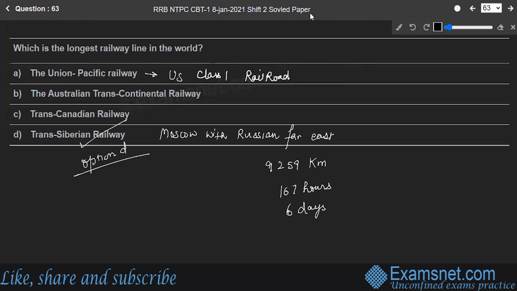Australian Transcontinental Railway. This is the longest route of Australia, connecting Sydney in the east to Perth in the west. Then Trans-Canadian Railway. The longest Trans-Canadian Railway of North America.